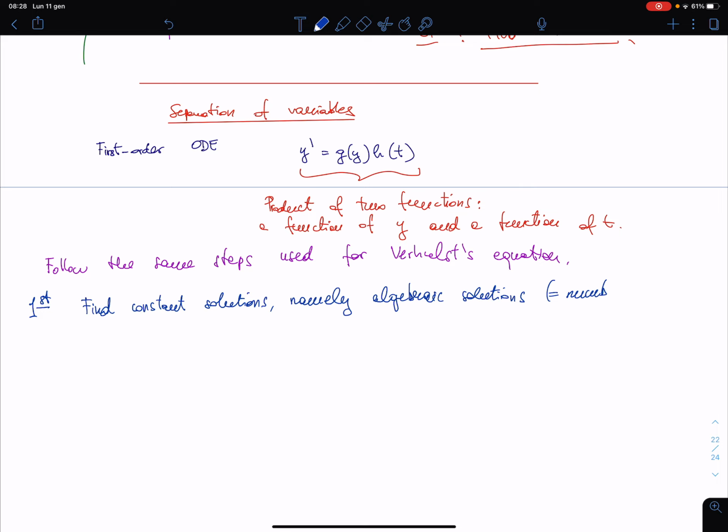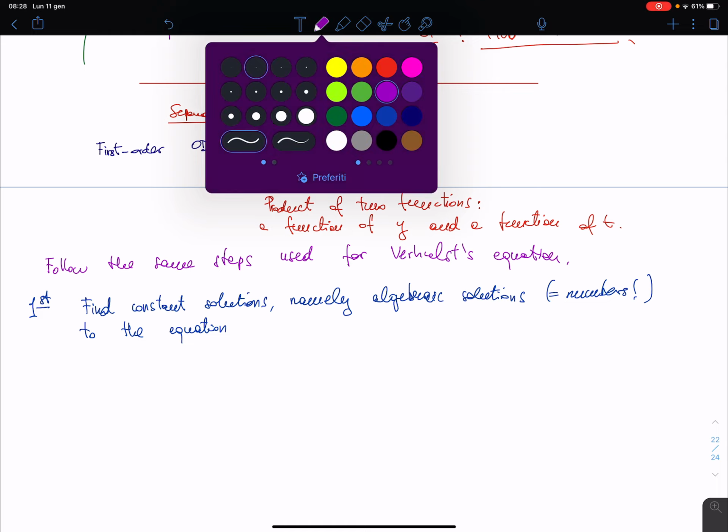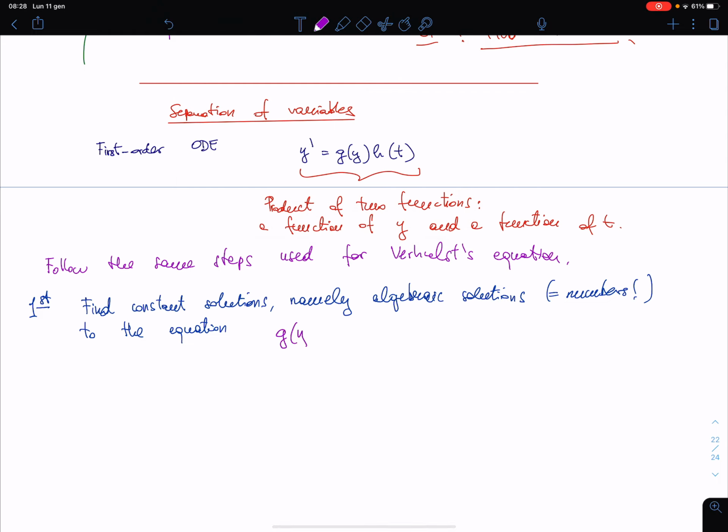Constant solutions are numbers, basically constant functions, to the equation g of y equals 0.